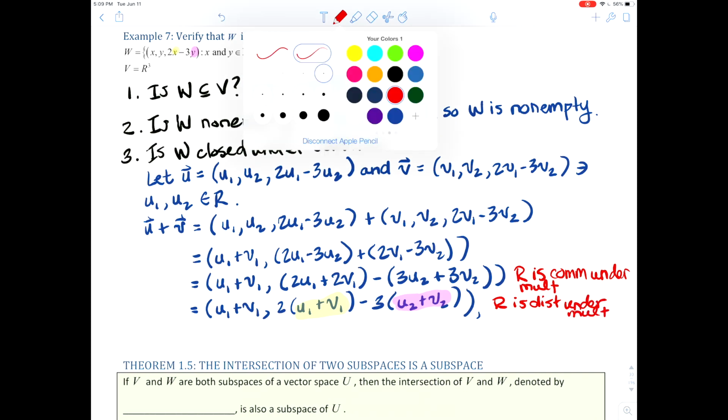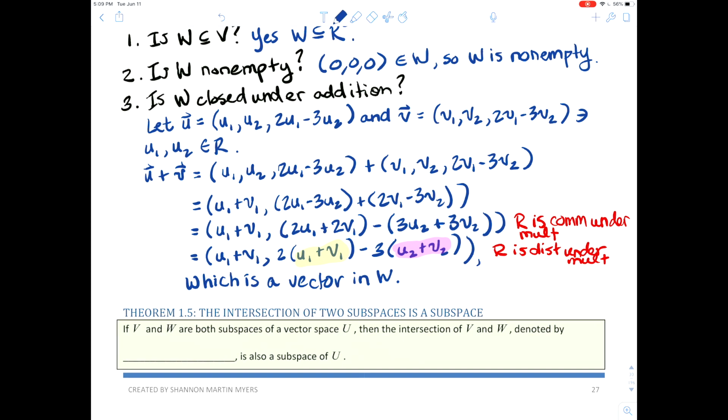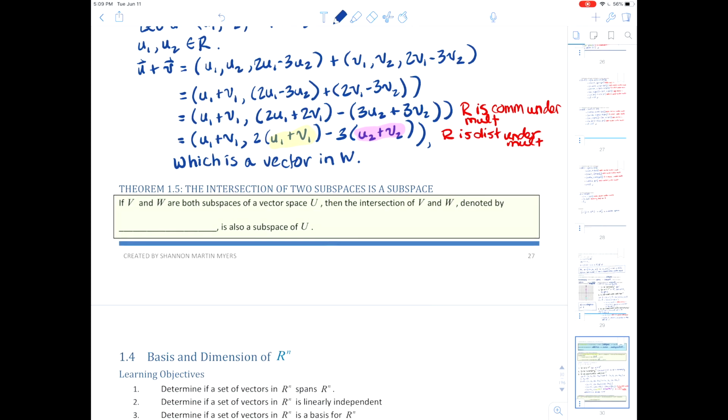And then this is a vector in W. So it's closed under addition. So sorry we ran out of space. I'm going to add a page here for us.